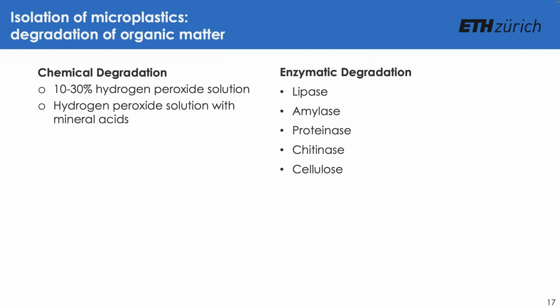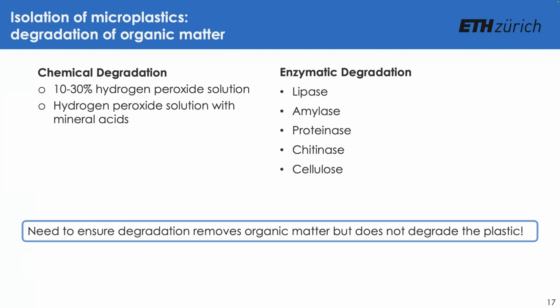Because it's quite important that whichever degradation method that you choose to get rid of the organic matter doesn't impact your plastics. Because some of the more aggressive chemical degradation methods may also degrade or further fragment your plastics. And of course, that's not what you would like to do.